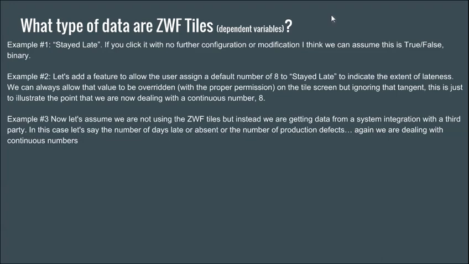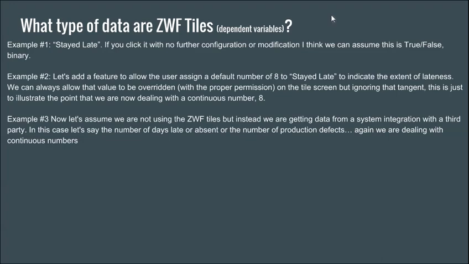Again, it doesn't seem like we're dealing with anything true or false in those scenarios. So I guess what we should conclude is that we're going to have to deal with both of these types of data. And our data does dictate the tools and the computations that we need to determine these correlations and insights, and further predict future events, which is one of the key things that I showed you previously on a different screen.